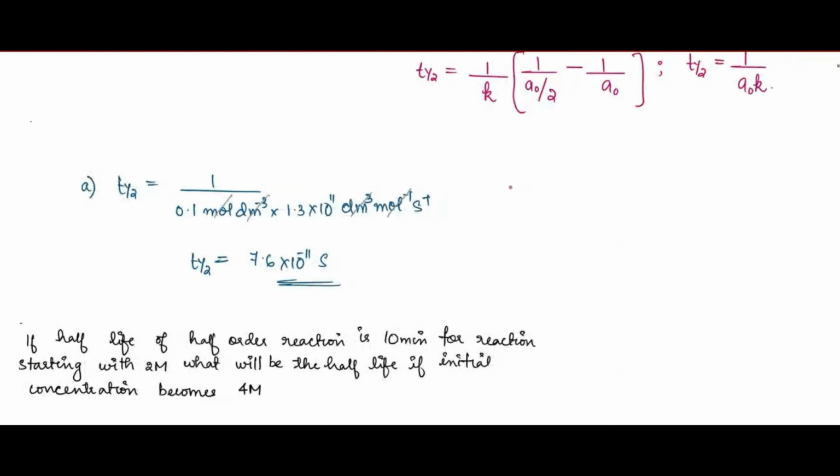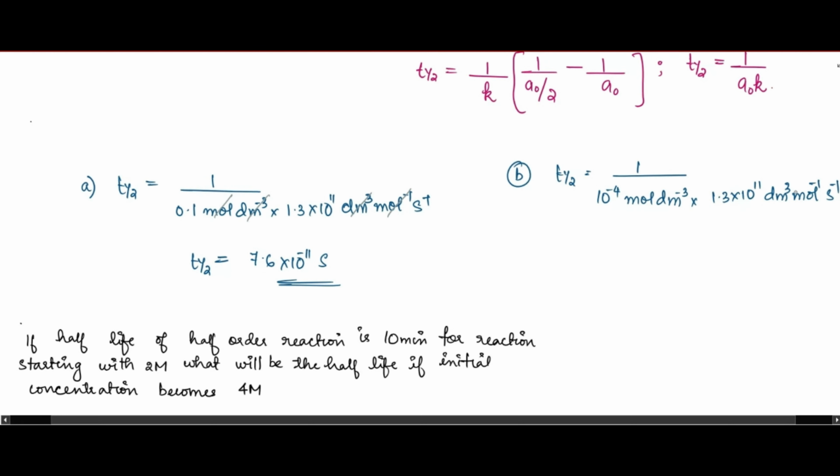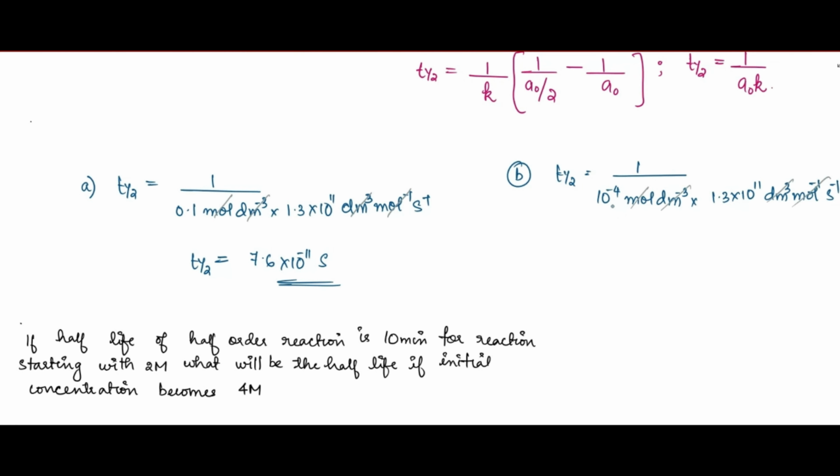So for B, you have T half is equal to 1 by 10 to the power minus 4 moles per liter, moles per decimeter cube, into 1.3 into 10 to the power 11 decimeter cube per mole per second. Units, just like the earlier case, will cancel out, and you will only have seconds left. Here it was minus 1, here it is minus 4.